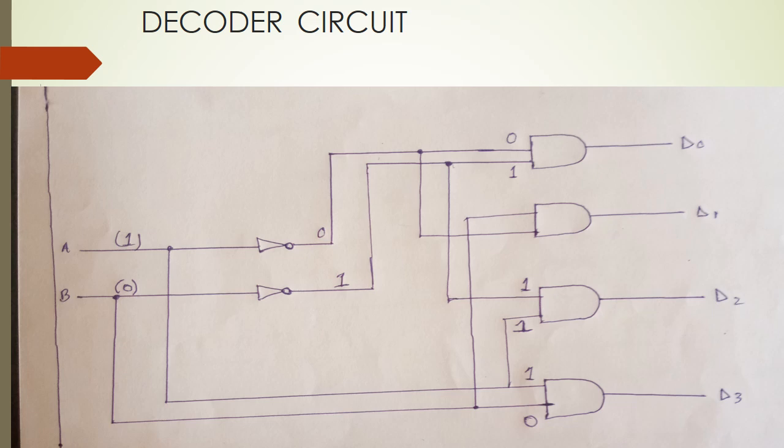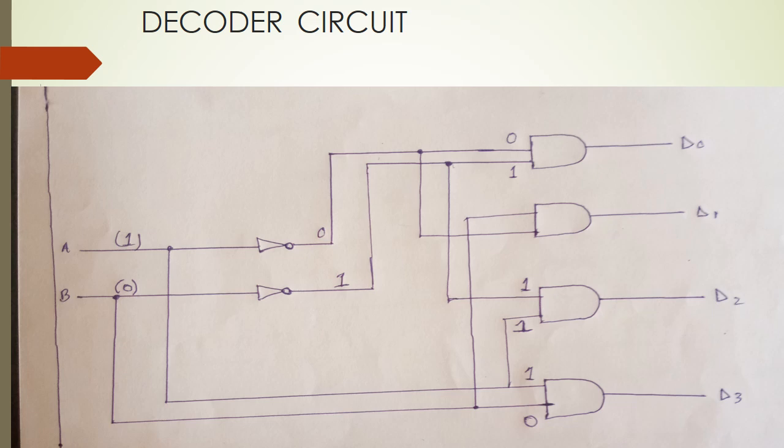So let's look at A. Our D3 terminal is connected to our AND gate, which is our input device. The first terminal is connected to D3. As we notice, when our A is active, then our D3 is also high and low.